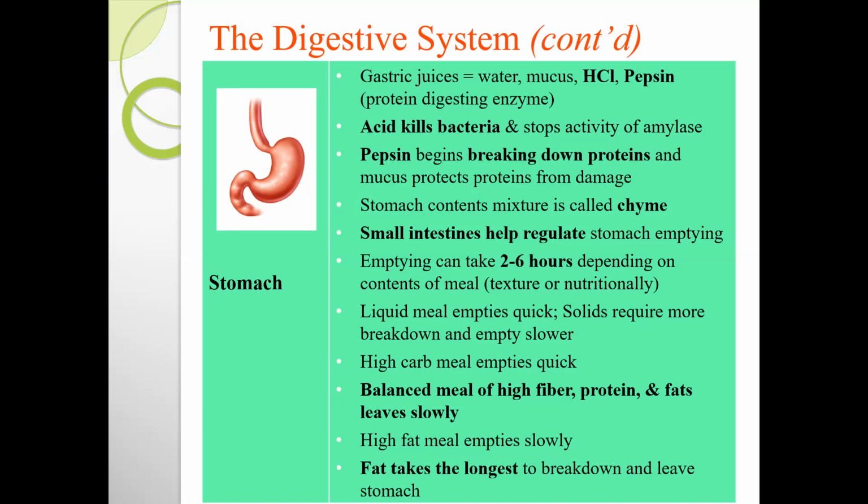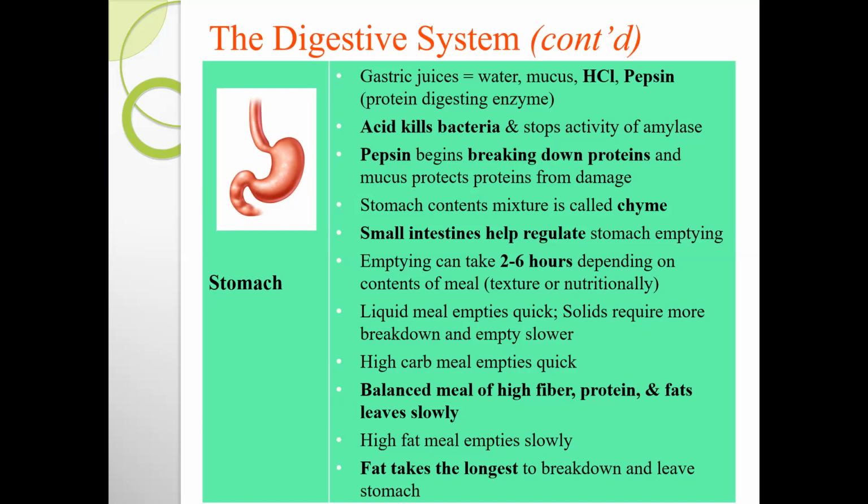A balanced meal that has high fiber, protein, healthy fats is going to leave the stomach a little more slowly. Fats have the highest amount of calories per gram. They also help slow the digestive process a little bit in the stomach.